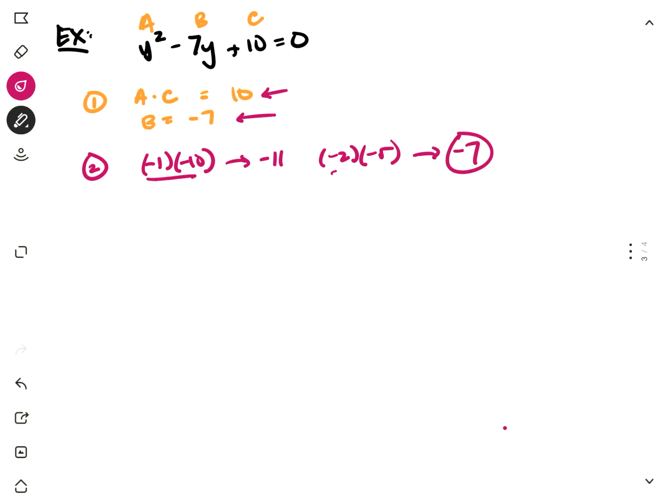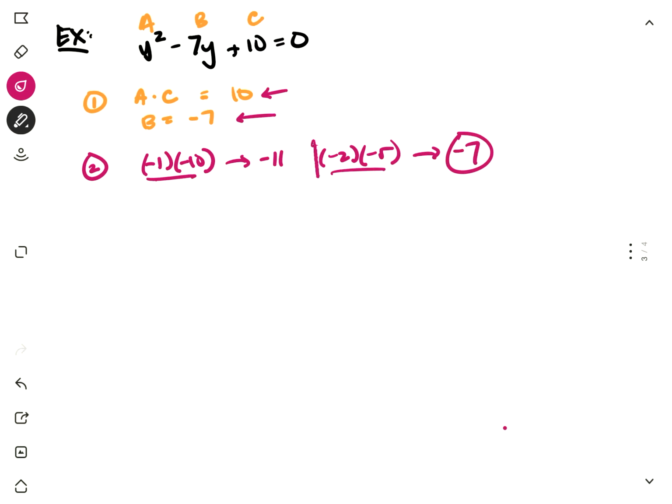So again, in this step, we're looking for two factors that multiply to get our 10, our a times c, and that add to get our b. So the more you do it, the better it gets, the easier it gets. But you're going to have to struggle through it maybe for a little bit.